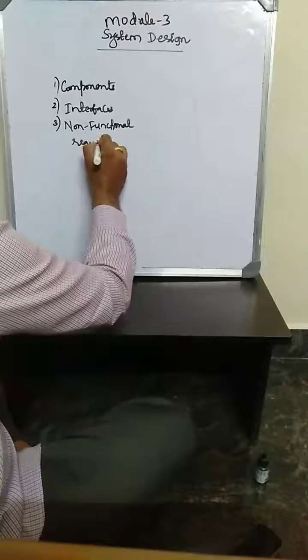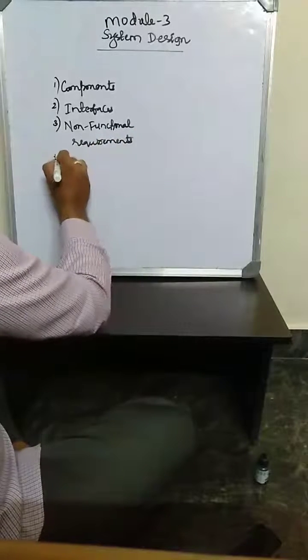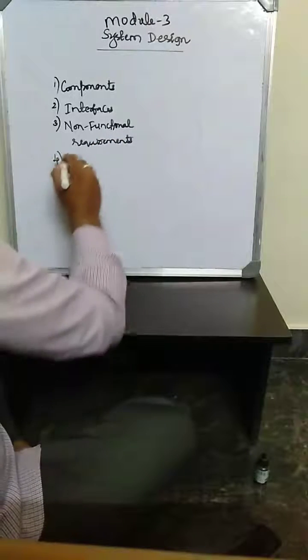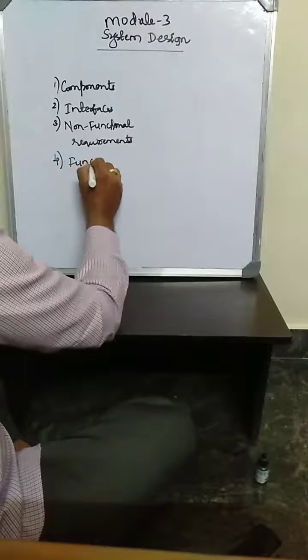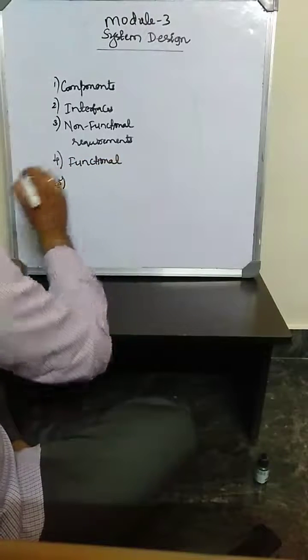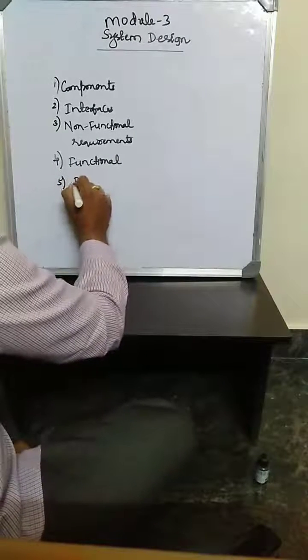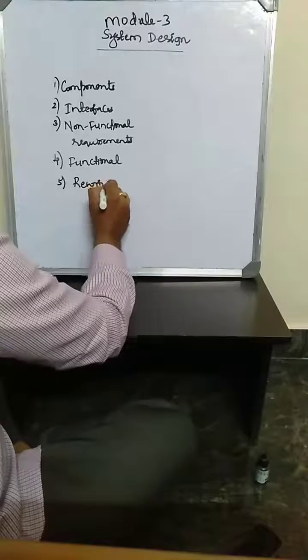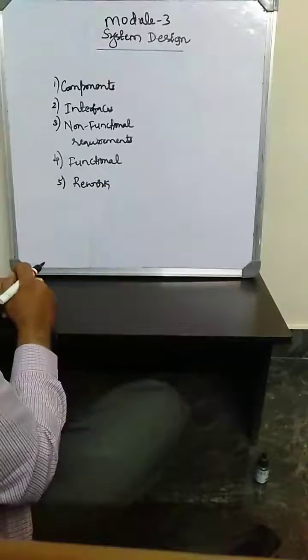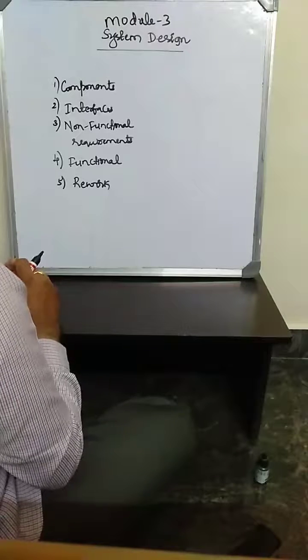Non-functional requirements, absolutely needed. And then the fourth one, we have functional requirements, also mandatory. And the fifth one will be rework. Okay, so these are some of the parameters that I may list for some of the architectural concepts.